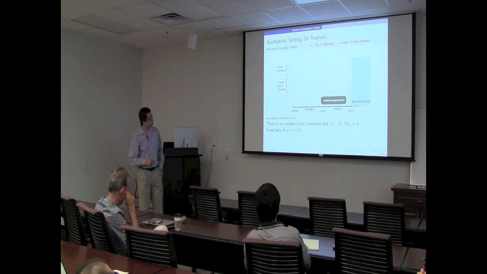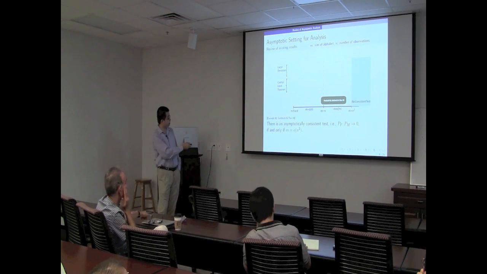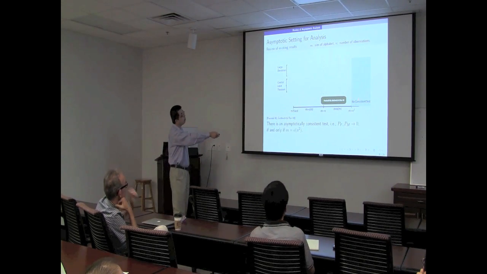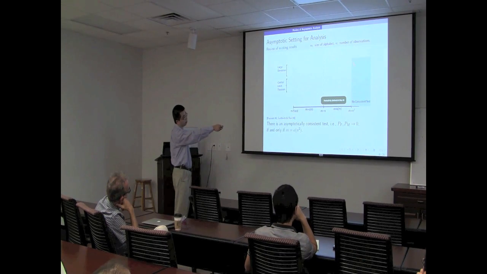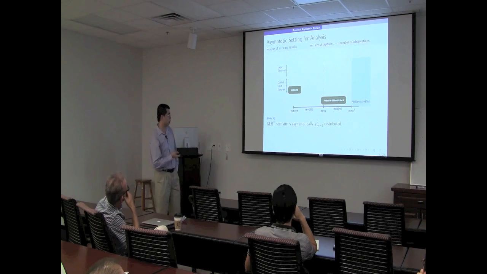The first result by Panitsky showed that there's no test that is asymptotically consistent beyond the quadratic growth. And anywhere below that, there's a test that is asymptotically consistent, so the probability of false alarm and misdetection decreases to 0. And you can look at central limit analysis.